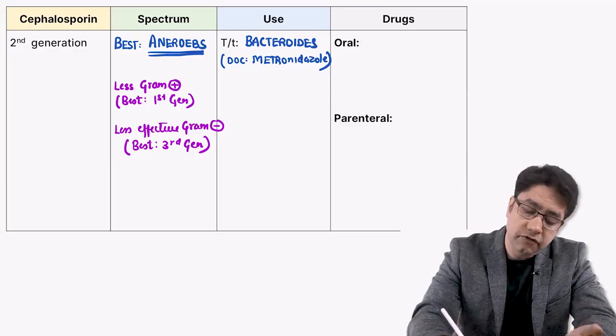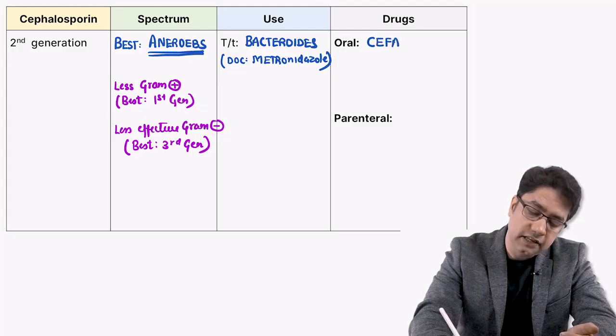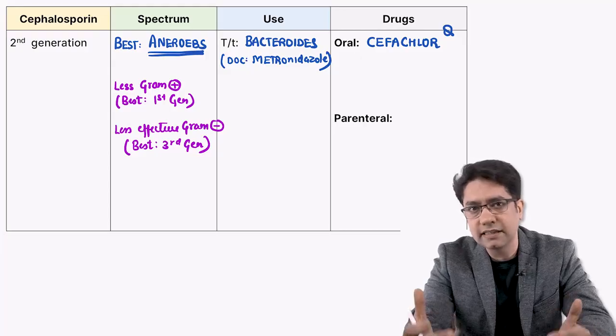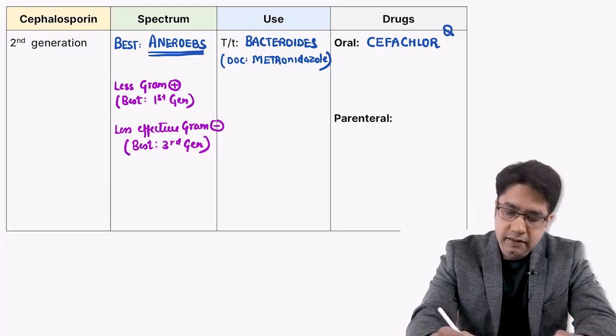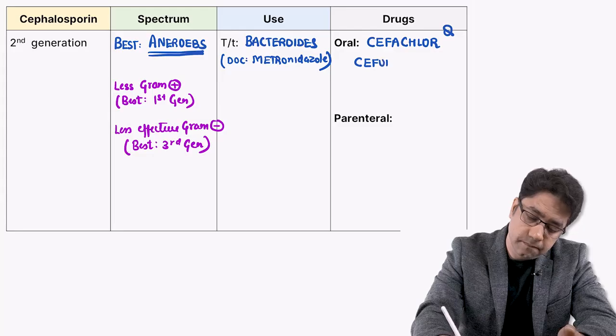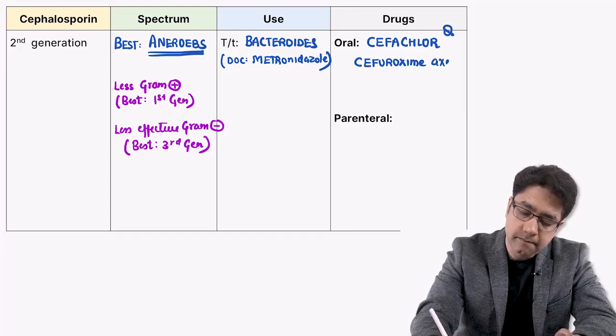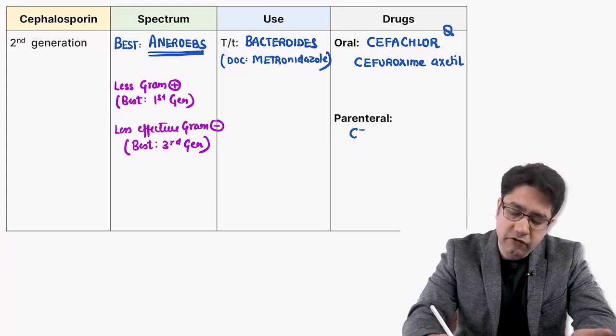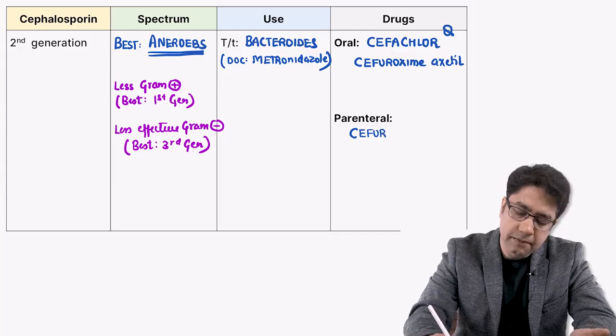So what are the drugs? The first drug we already know is cefaclor. It starts with the word cefa, which is an exception. It is not first generation, it is a second generation cephalosporin. Then we have another drug, cefuroxime, and its prodrug is axetil. If you remove the axetil word and just write cefuroxime, it becomes a parenteral or injectable drug.